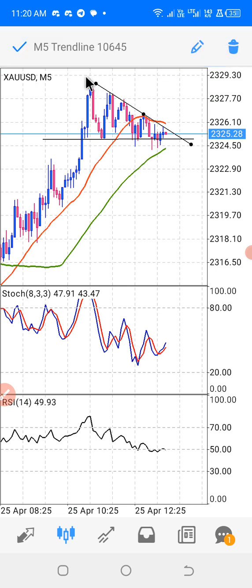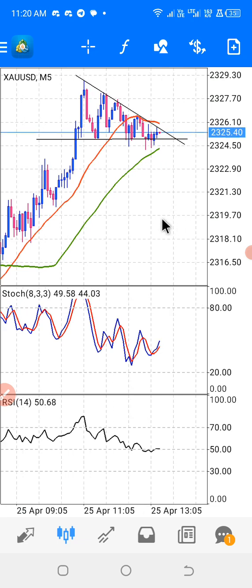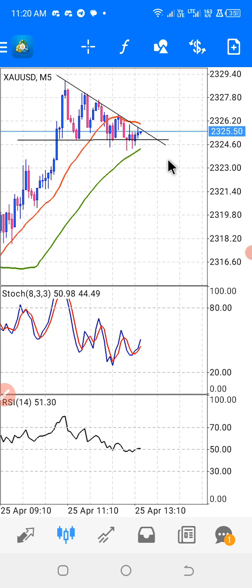What I want to see is a breakout from this triangle, a break to the downside, then I look for opportunity. The break may continue along this support level.